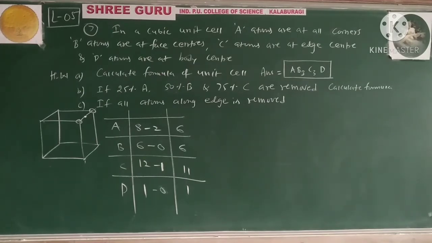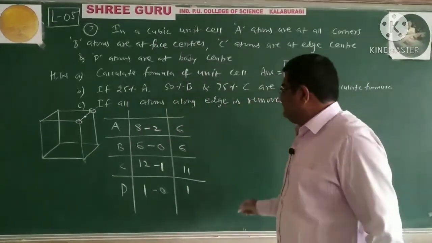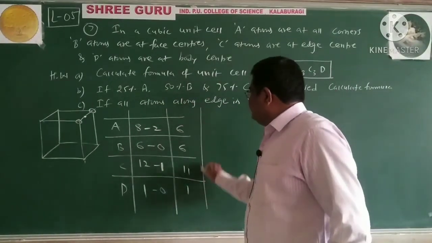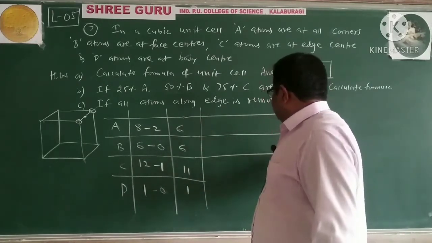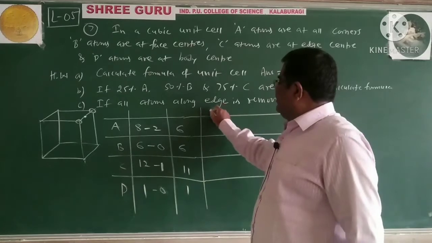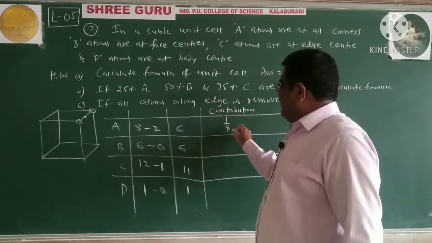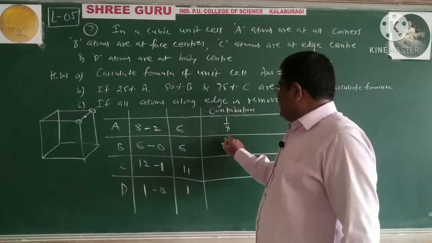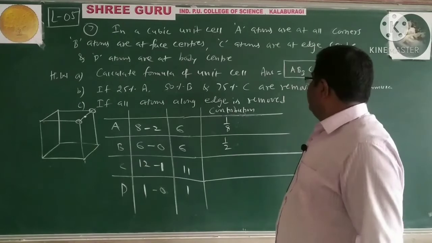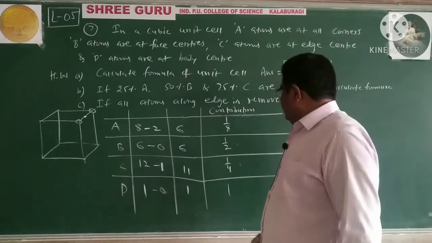Then we can write the contribution. This is contribution. A is 1 by 8. B is at face center, so 1 by 2. C is at edge center, so 1 by 4. And D is 1.